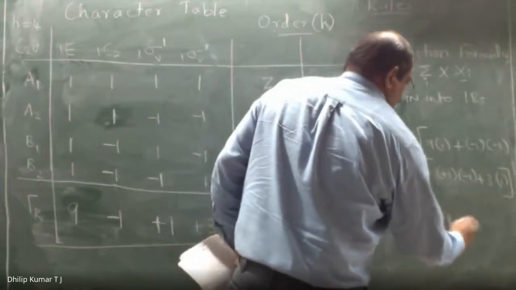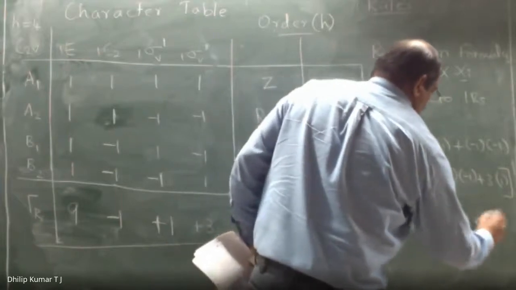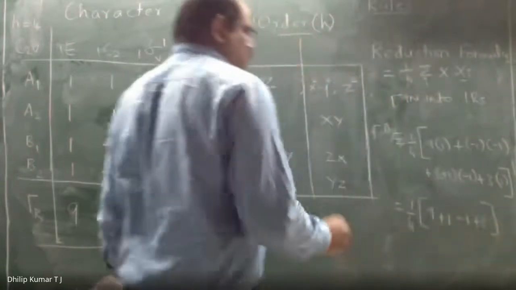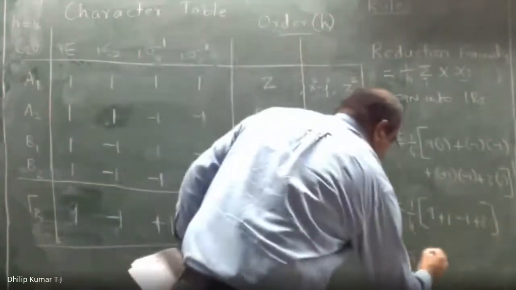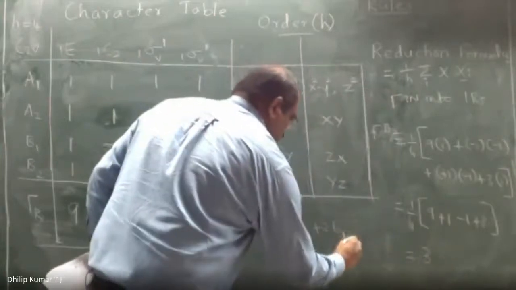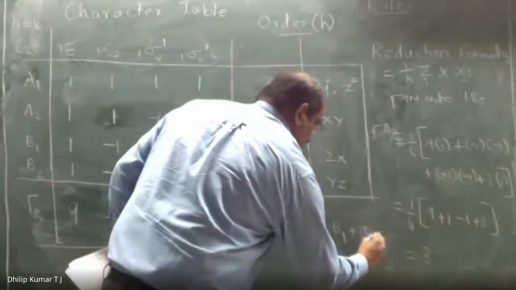Nine plus 1 minus 1 plus 3. So 9 plus 3, 12. So 12 by 4, it's 3. I got 3. So here it is plus 3 times B2.